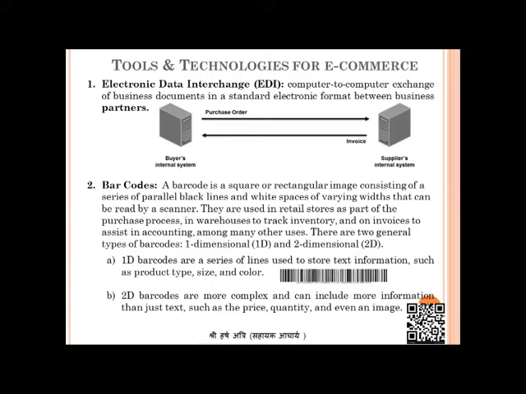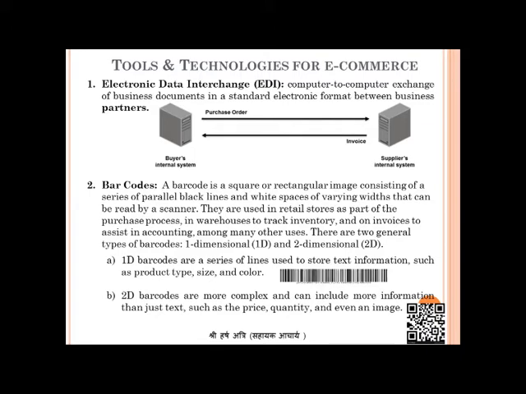They will order in the form of part number, and then the supplier will generate the invoice and deliver that part to the car showroom people, and then the car showroom people will call you that your part has come, bring your car, and they will replace it. This is all with the help of electronic data interchange. Another example of EDI is when we do transactions at the petrol pump through credit cards and debit cards.